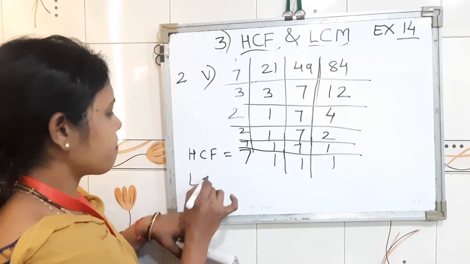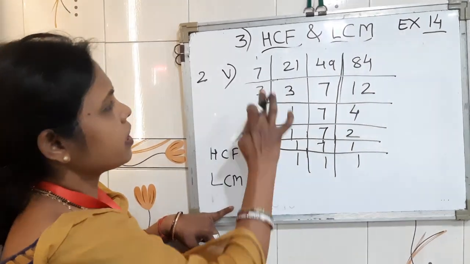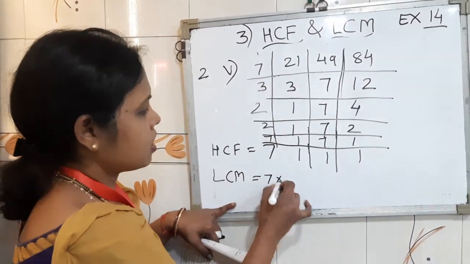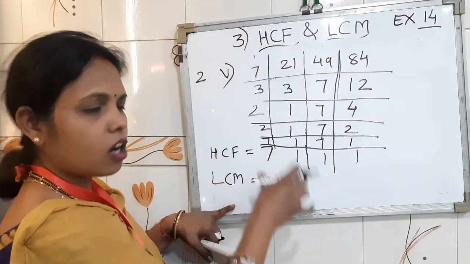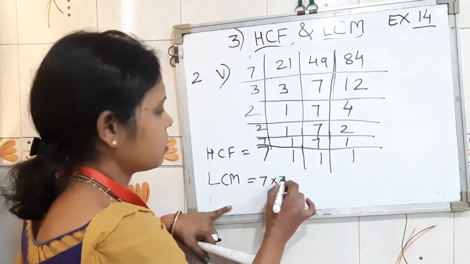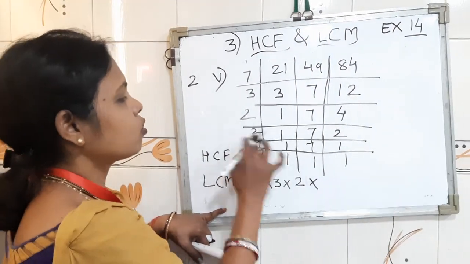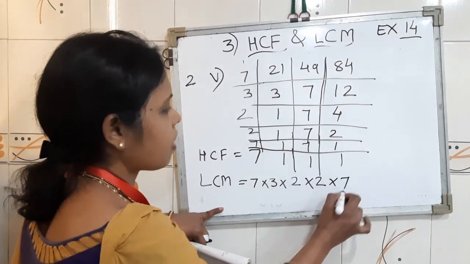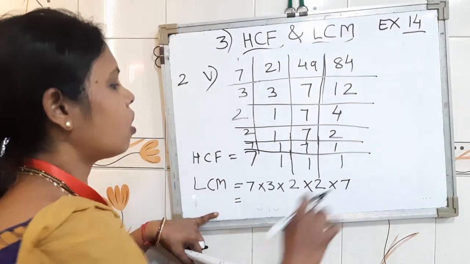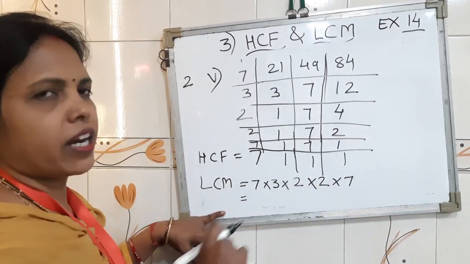What is the LCM? LCM will be 7 into 3, including all these factors, 3 into 2 into 2 into 7. Now multiply all the given factors.